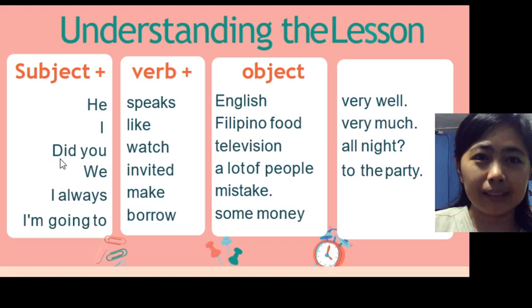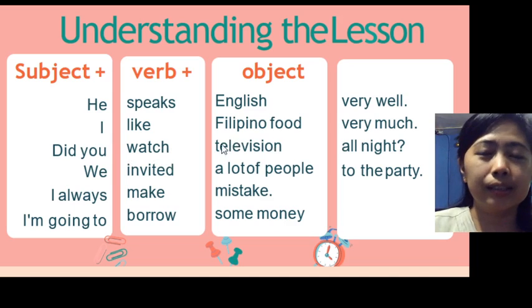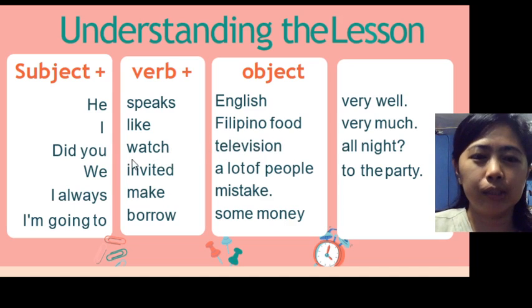Next, this one is a question, so it's also okay. Did you watch television all night? So did you, subject; watch, verb; then the object is television. Did you watch television all night? What did you watch? So television, the object.